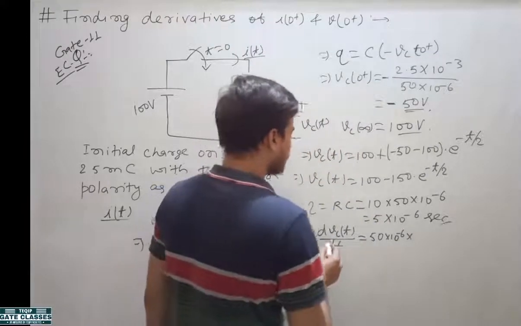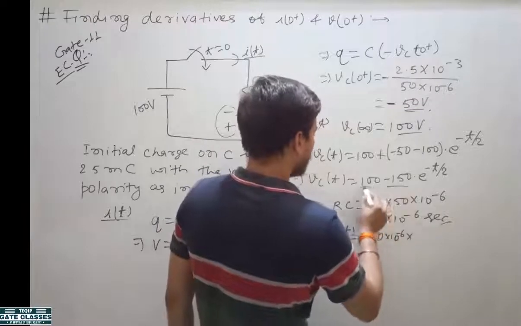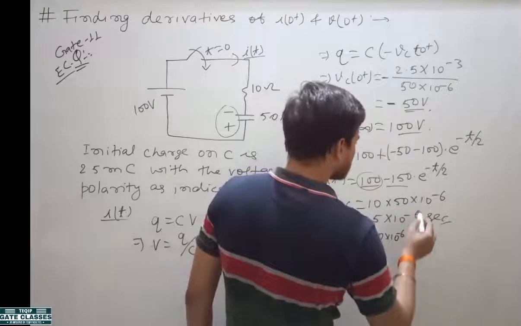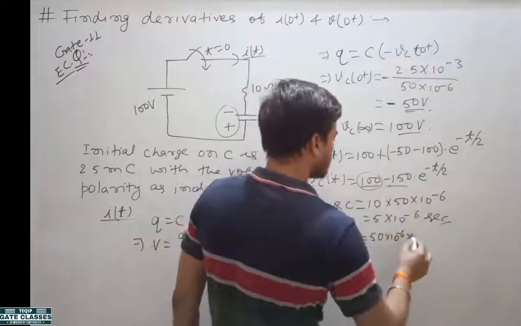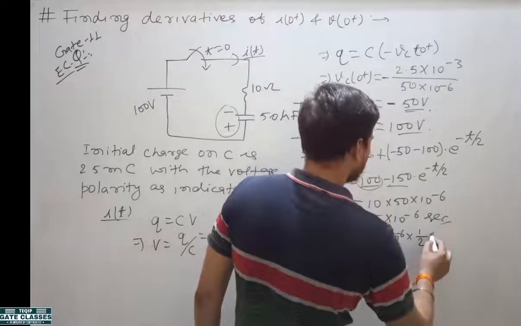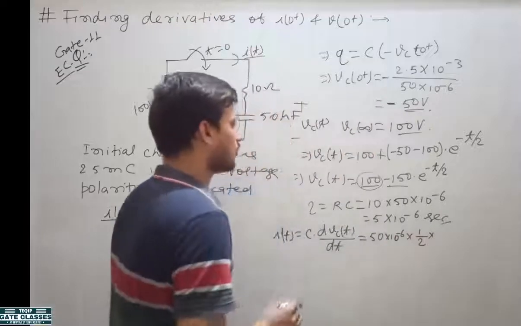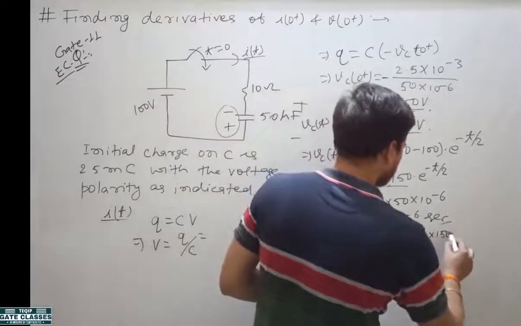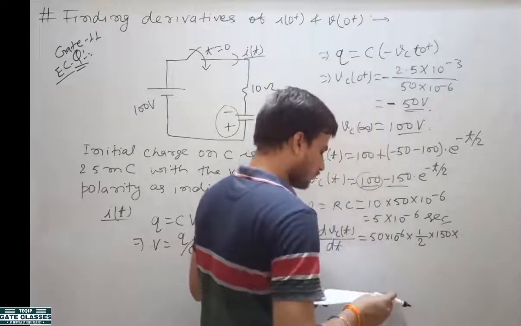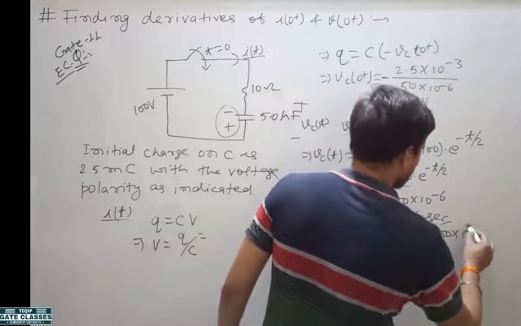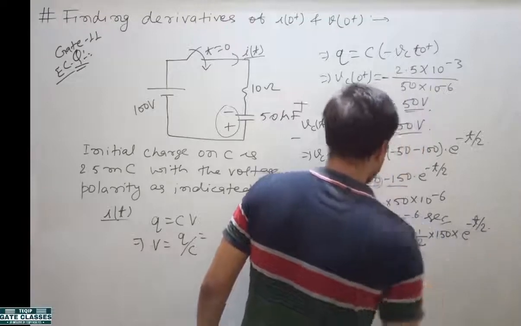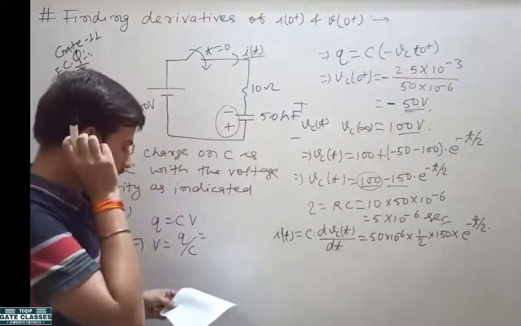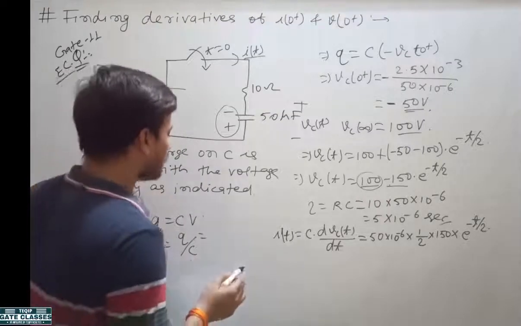Here the 100 will be 0, so it will be minus 1 by tau, and minus into minus will be plus. So 1 by tau into 150 into e to the power minus t by tau. Clear?